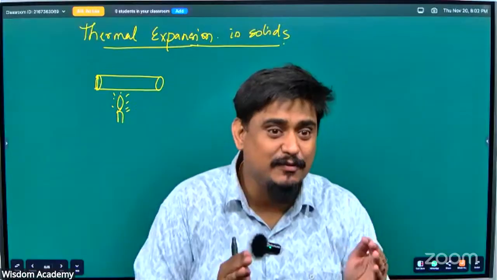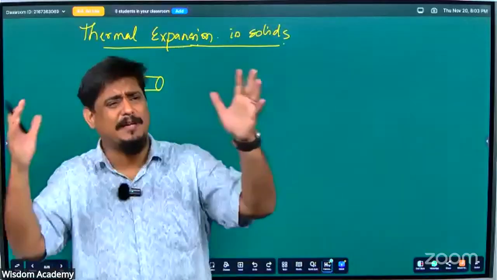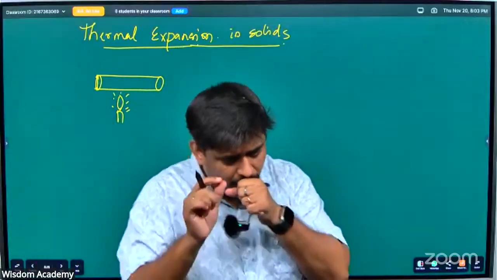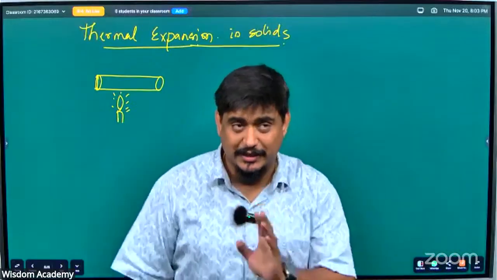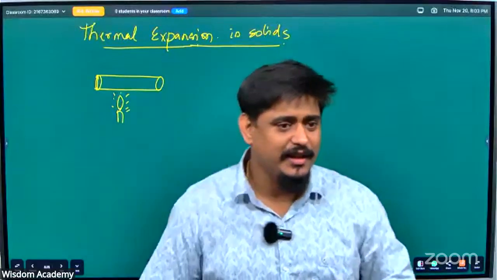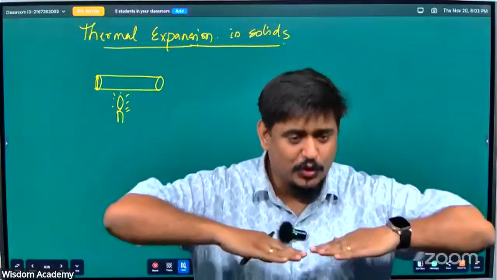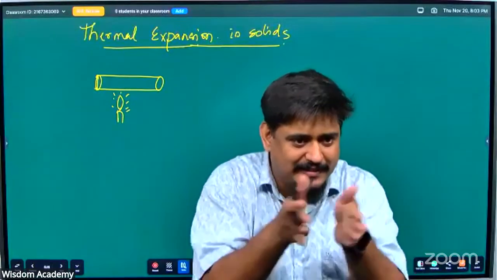That is the reason for expansion, not significant expansion to see, but it is always there. That's why you would have noted this. I don't know how many of you noted these things. Railway lines. In railway lines, between two rails, they'll give some gap and they'll connect fish plates to tie it.